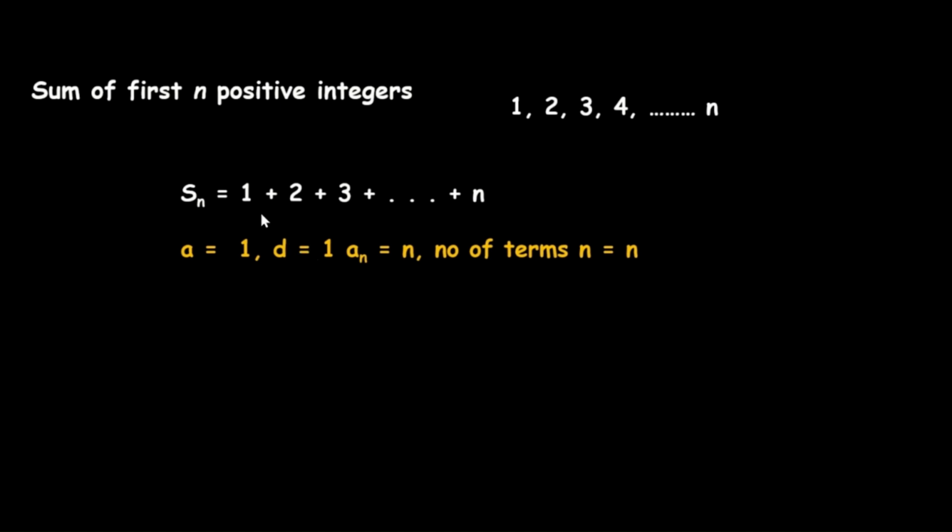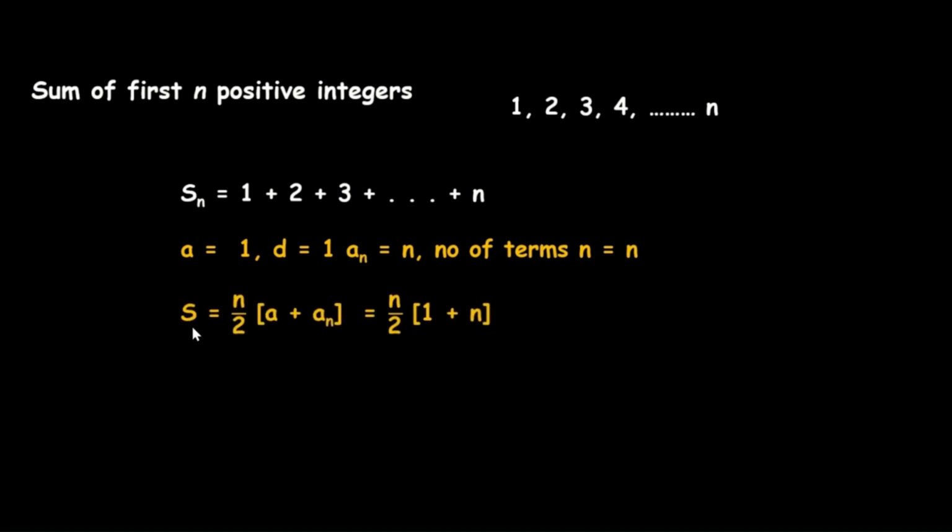So our progression would be 1, 1 plus 1 is 2, 2 plus 1 is 3, 3 plus 1 is 4, and so on up to 50. So a(n) will also be 50 in that case. So in general, if we take n positive integers, the number of terms would be n anyway, and the nth term a(n) will also be n in this special case.